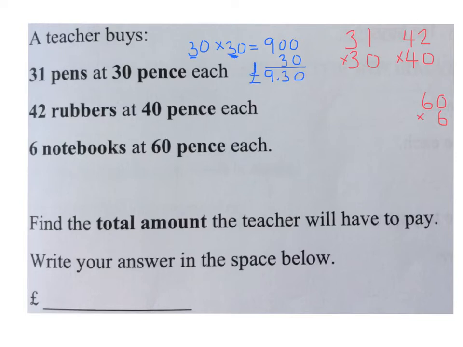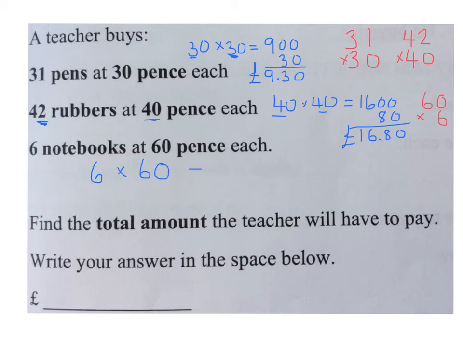My next question, 40 times 40. 4 multiplied by 4 is 16. Then put your two zeros back on. But that was 40 rubbers. There's 42. So let's add on the cost of two more, which would be 80. So 1,680. And again, turn it into money, £16.80.